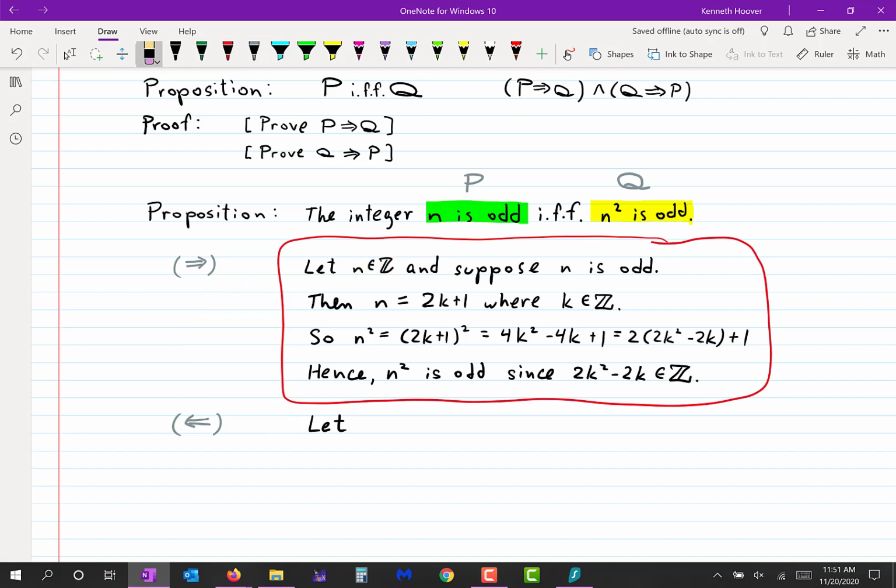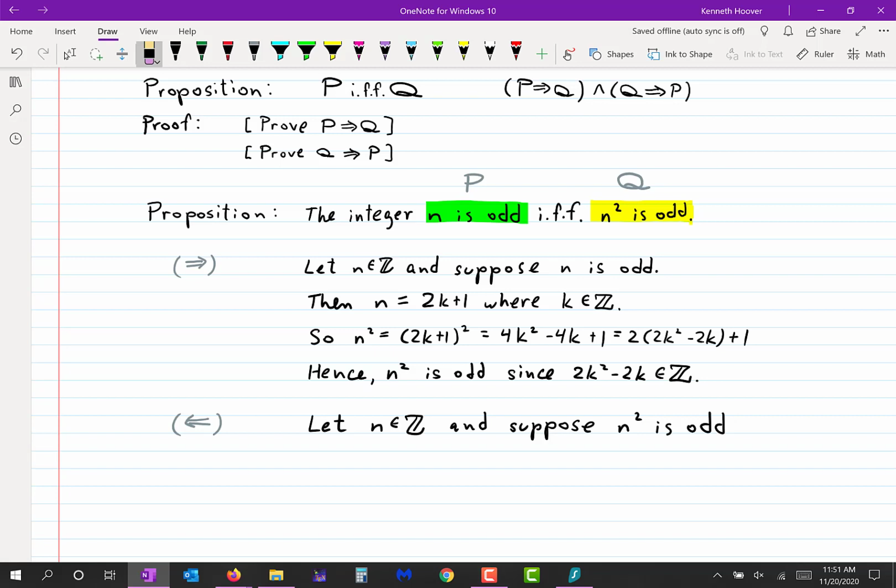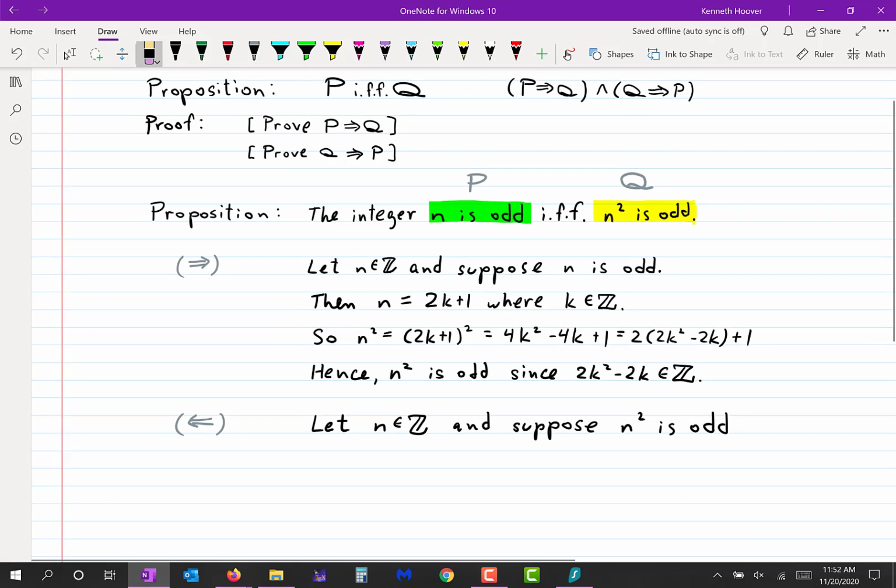So I'm just trying to say that I should start over and say let n be an integer, and suppose n squared is odd. Now there are ways around it. There are other ways to write this where I would not have to repeat let n be an integer. I'll show those to you in a minute, but let's just continue along with where we are here. Okay, so let n be an integer and suppose n squared is odd.